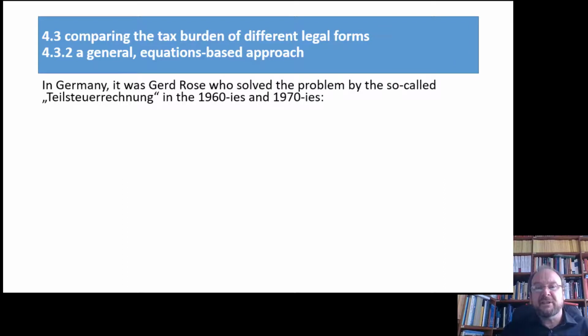I believe in Germany, at least, that was Professor Gerd Rose in the 1960s or 70s, I don't know when it happened, who solved the problem by establishing a so-called Teilsteuerrechnung, partial tax analysis, or analysis of parts of tax bases. The approach which he chose was very simple, but you don't come to the trick if you don't get it shown.